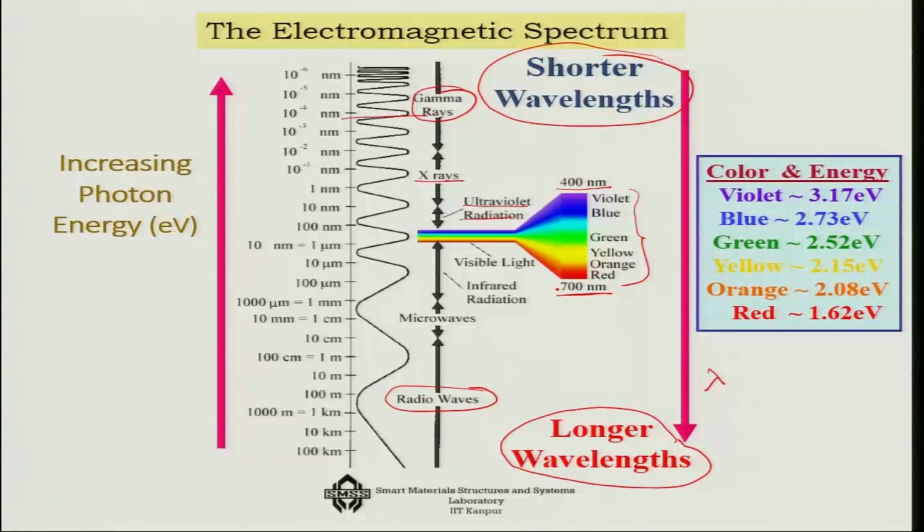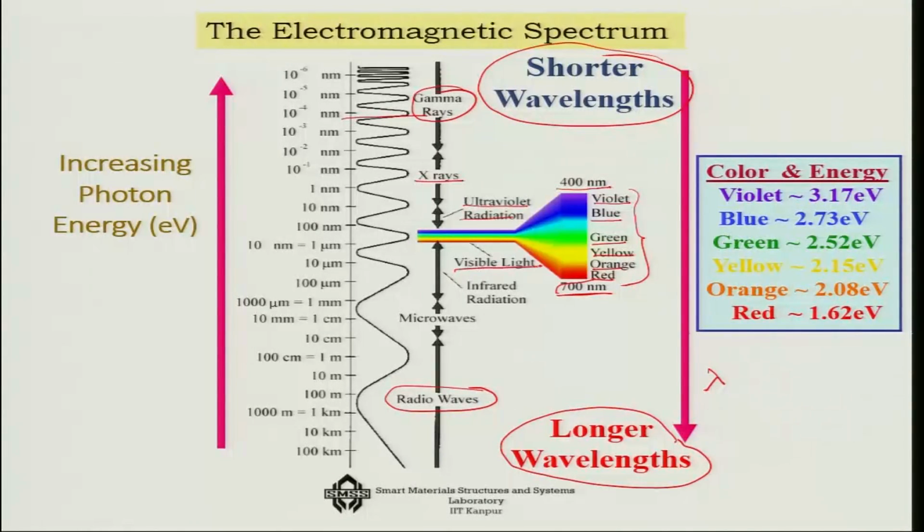So at the low wavelength and high energy end, we start with violet, then indigo, blue, green, yellow, orange, red. Red is around 700.